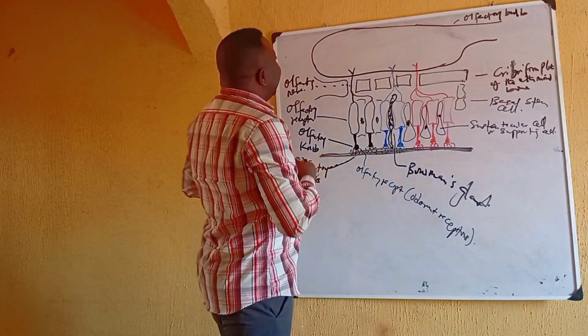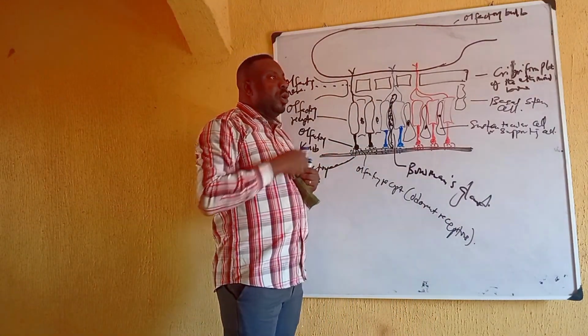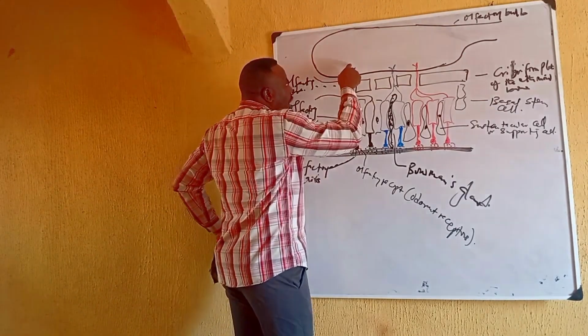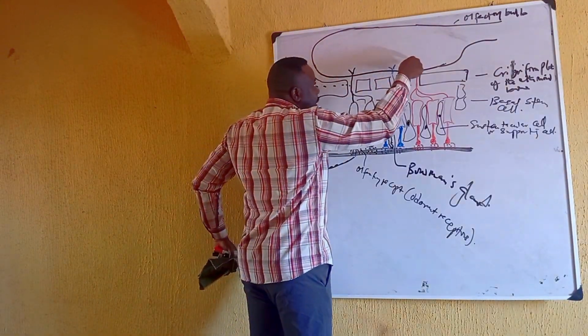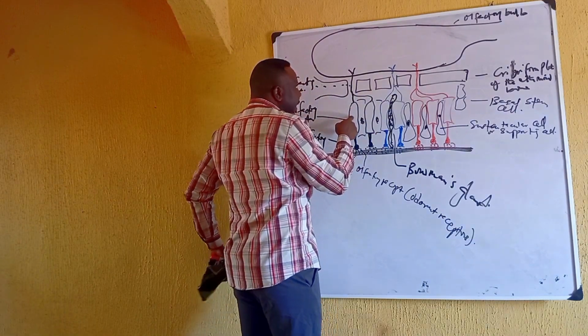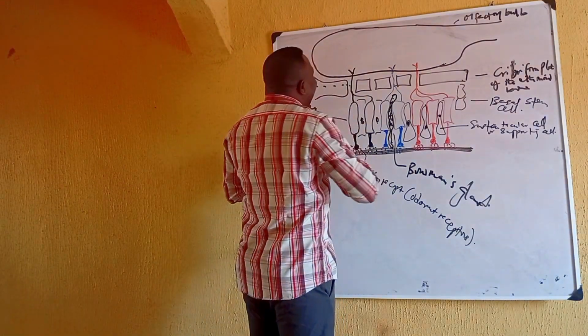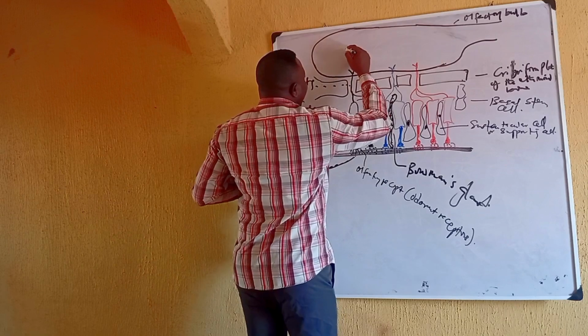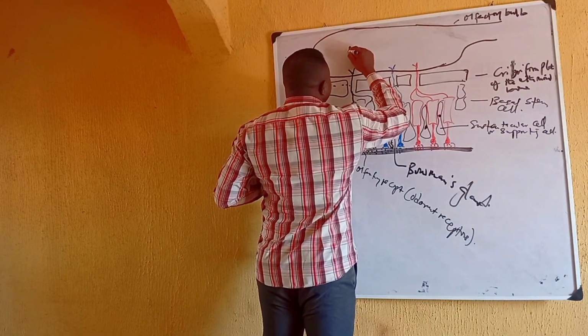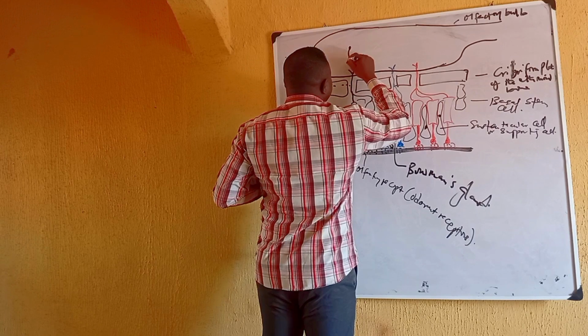Now, the olfactory bulb contains some cells that actually form synaptic contacts with the axons of the olfactory receptors. These cells are called the mitral cells.